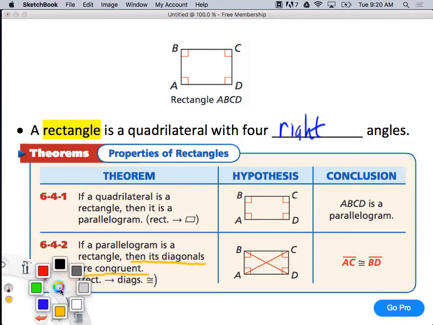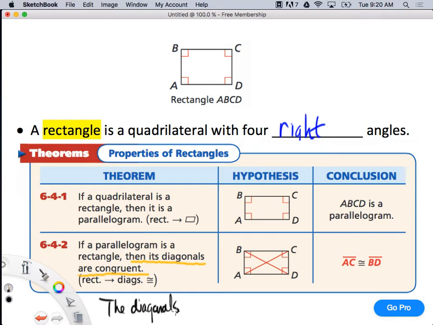Wait, what does that mean though? The whole diagonal is congruent? Yeah. The diagonals of a rectangle are congruent. What does that mean?